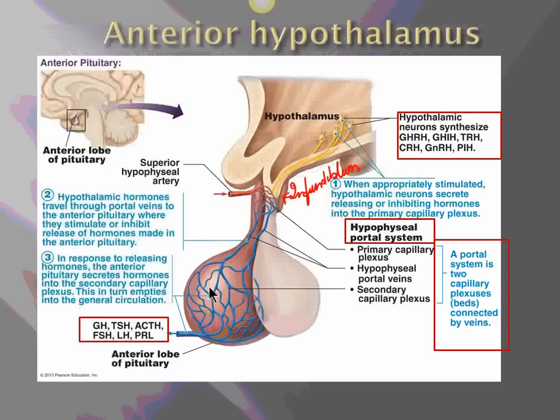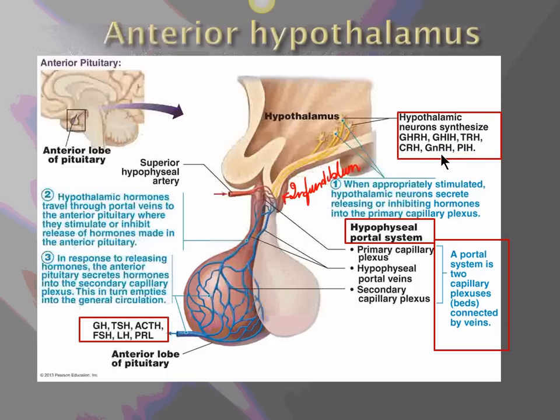And then in response to them, the anterior pituitary will secrete its various hormones. So the growth hormone releasing hormone, for example, will cause secretion of growth hormone. The inhibiting hormone will prevent secretion of growth hormone. The thyroid releasing hormone will cause secretion of thyroid stimulating hormone. The corticotropic releasing hormone will cause release of adrenocorticotropic hormone. Remember, tropic meant causing release of another hormone.